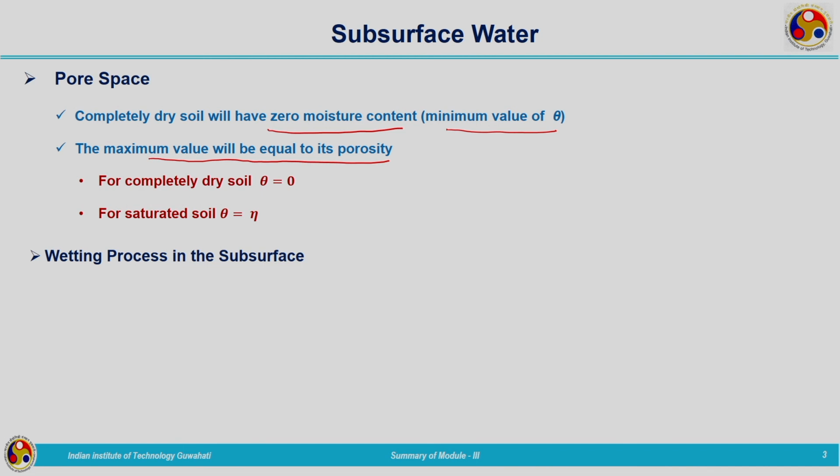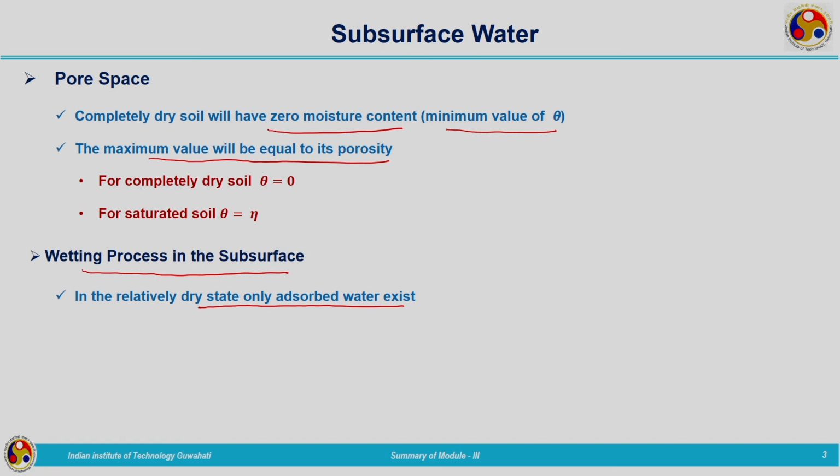After seeing the pore space, we moved on to the wetting process. We considered relatively dry soil, and how the wetting takes place within the subsurface. In the relatively dry condition, there will be only adsorbed water.